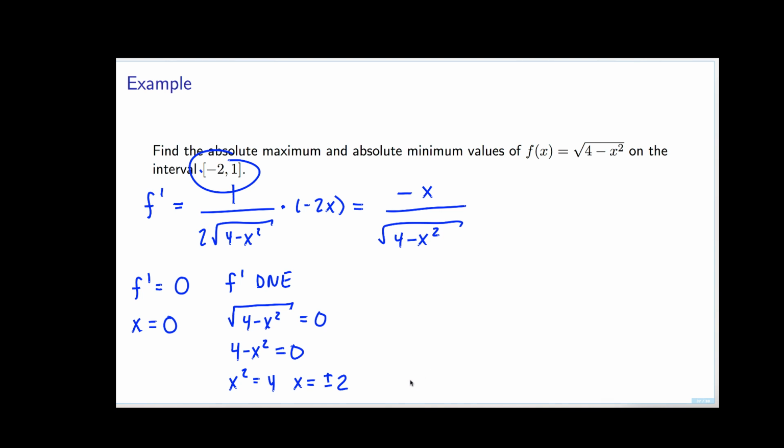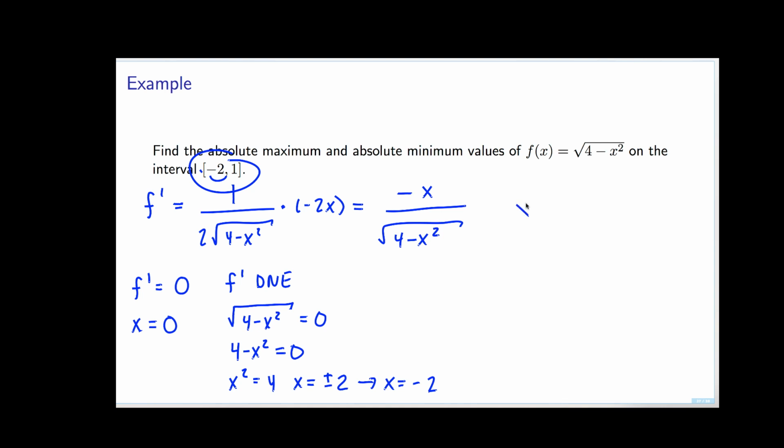So it's only x is negative 2 that we need to worry about here from our f prime does not exist. So the critical points that we need to look at are x equals 0 and x equals negative 2, which also happens to be one of our endpoints, and then the right endpoint x is 1.